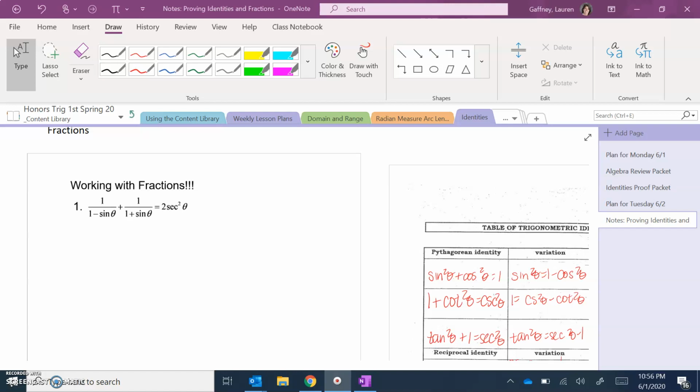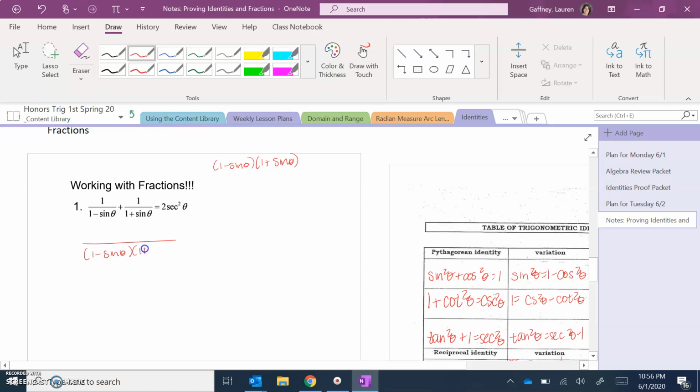So now this is once again just showing you different methods of how you can manipulate things algebraically. So we could try and create a common denominator. So our common denominator in this would be 1 minus sine theta and 1 plus sine theta.